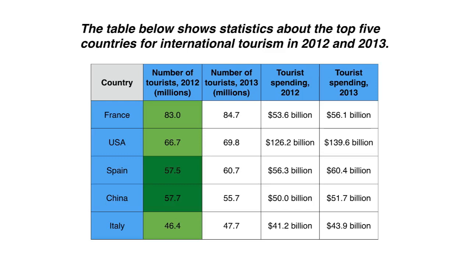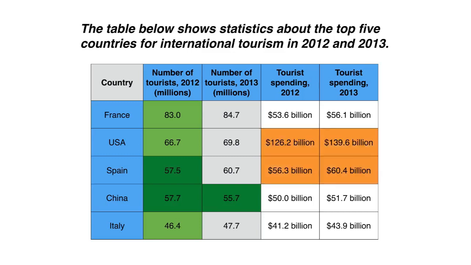I didn't mention any of these four numbers, but I did say something general about that, the increase from the previous year of between 1 and 4 million. And I did mention, in a way, this number about China, because I said that the number of tourists had fallen by 2 million. In the tourist spending columns, I mentioned these four numbers.